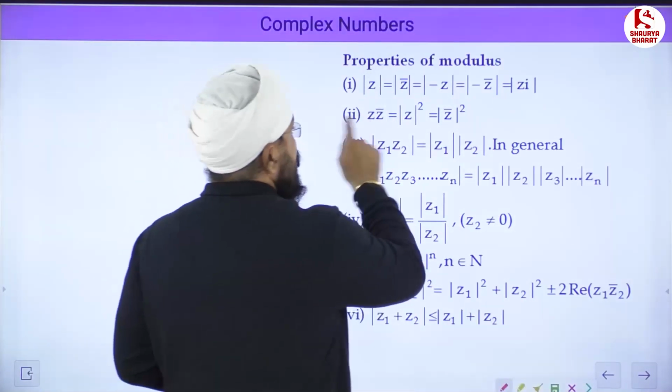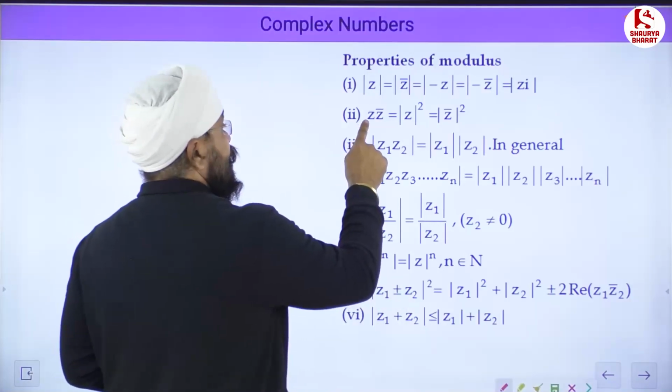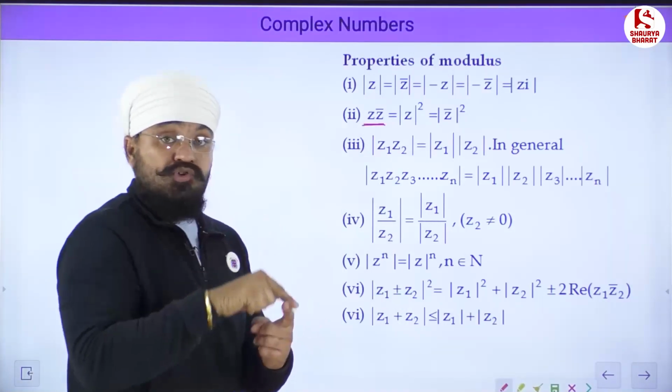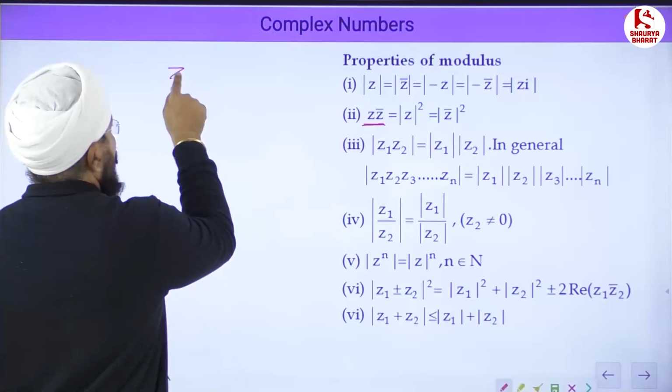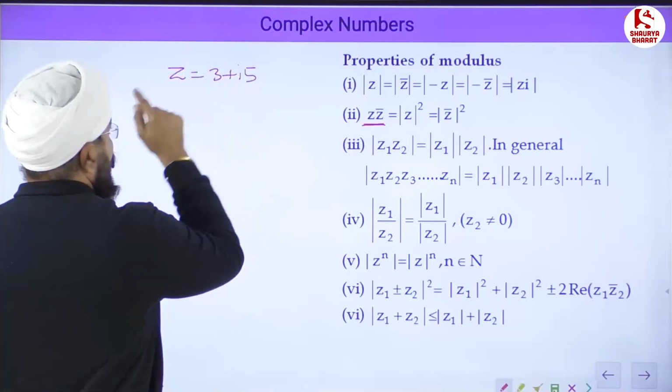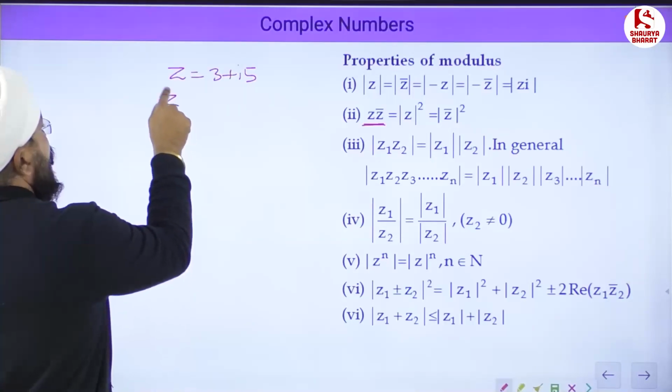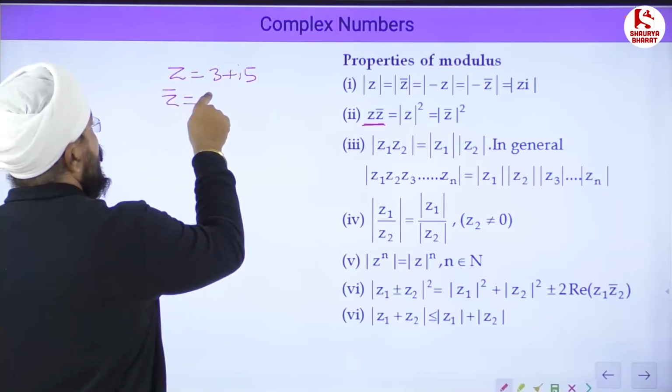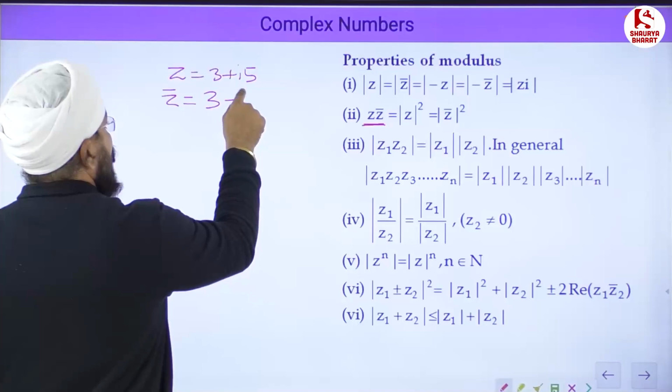Now, if I go with the second property, that is product of a complex number with its conjugate. I am taking the same example, 3 plus 5 iota, and we will be taking the conjugate. Here the conjugate will be 3 minus iota 5.